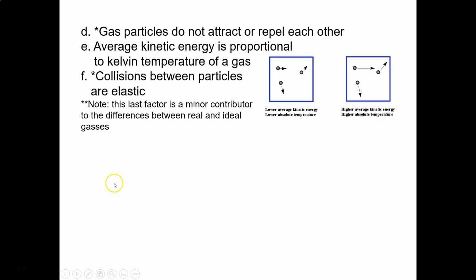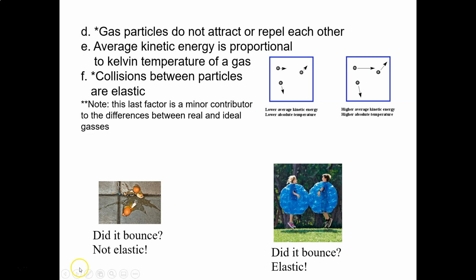All right. One thing I didn't mention when I went over this in chapter 13 is that the collisions between these particles are what we call elastic. What it means is that when something is elastic, it bounces, just like these little balloons bouncing off each other. And if it doesn't bounce, just like how you drop an egg on the ground, it's not elastic.